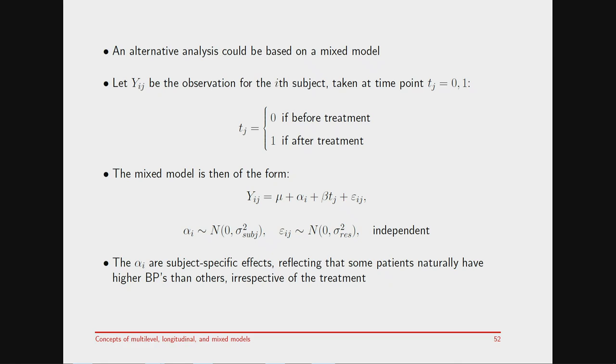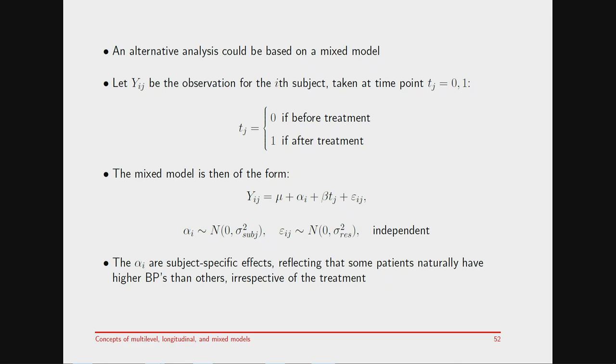And then a mixed model would be of the following form. So you have an overall intercept, you have your time effect, and that time effect is, of course, of key interest because that tells you what is the difference on average in diastolic blood pressure before versus after the treatment.